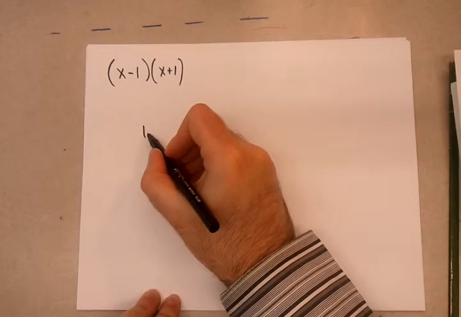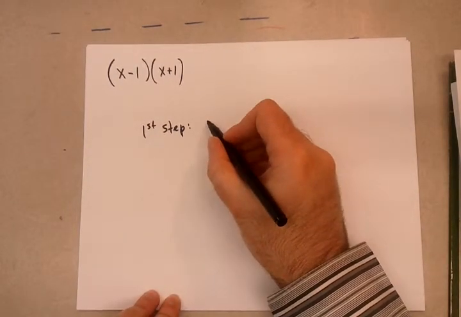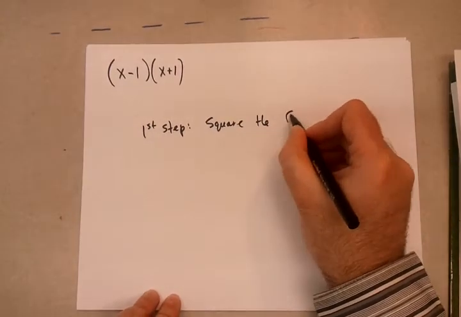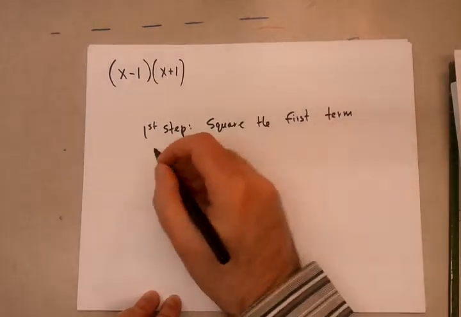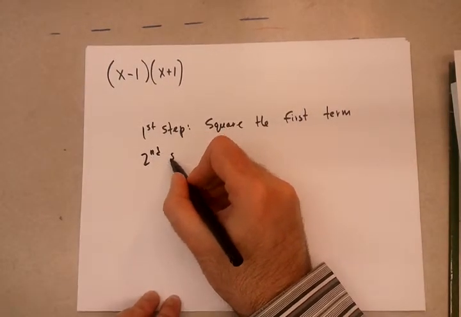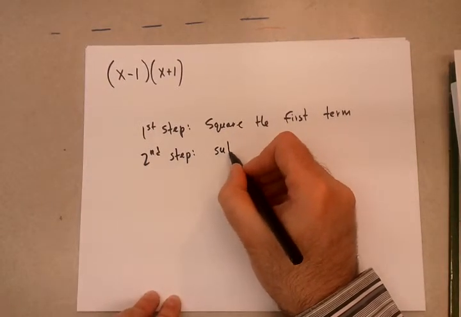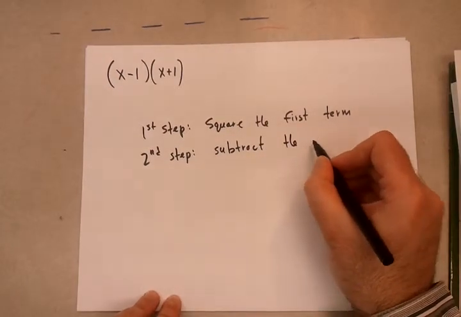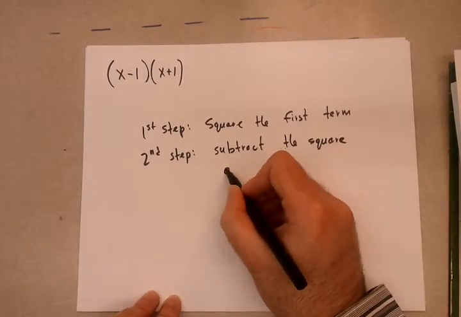The first step is to square the first term. The second step is to subtract the square of the second term.